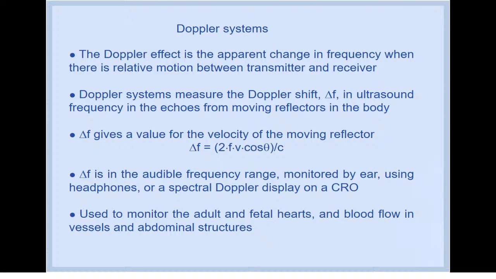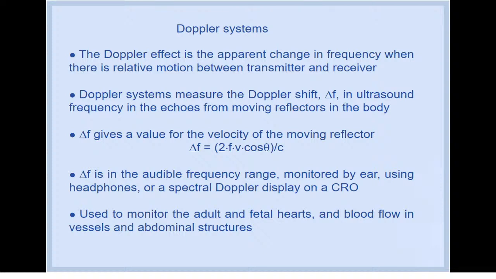This technique is based on the Doppler effect, and the Doppler effect is the apparent change in frequency when there is relative motion between transmitter and receiver. Doppler systems measure the Doppler shift in ultrasound frequency in the echo from moving reflectors in the body.